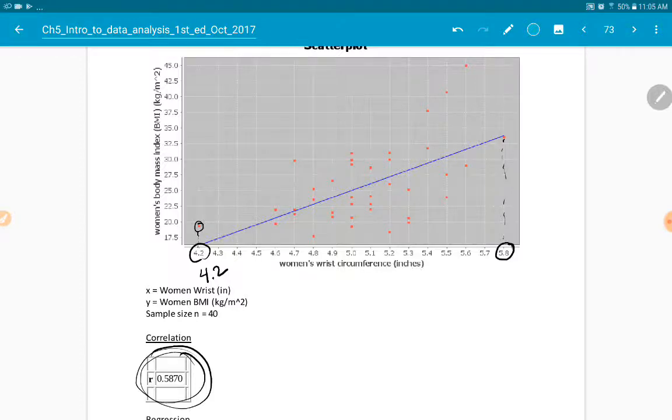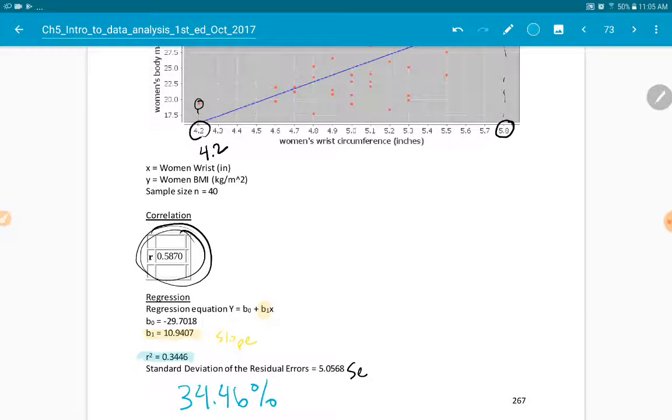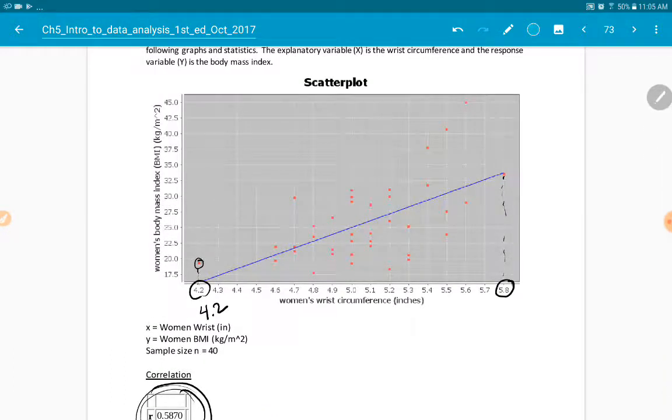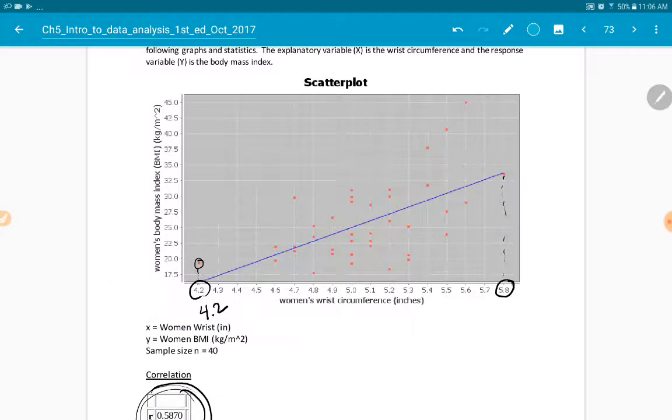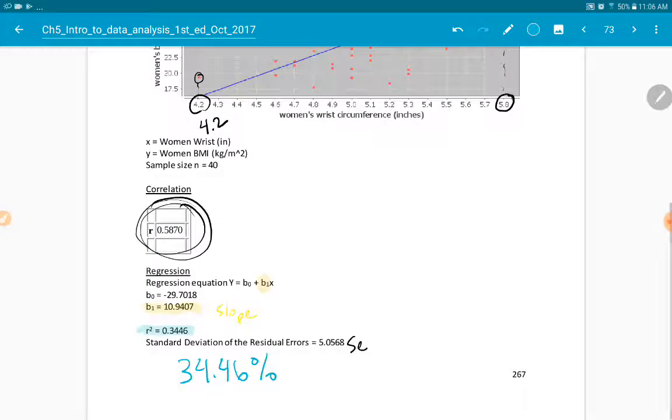So in this case, we have 34.46% of the variability in woman's BMI explained by the woman's wrist circumference. Forgot already, is that right? Yeah.